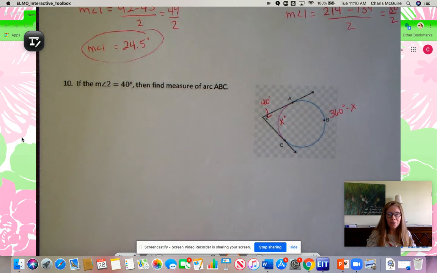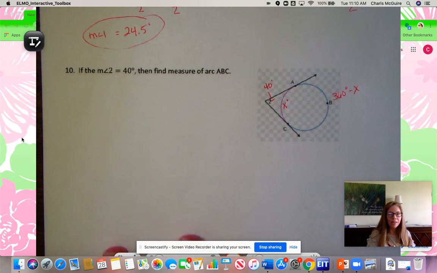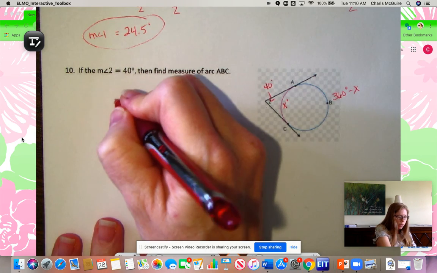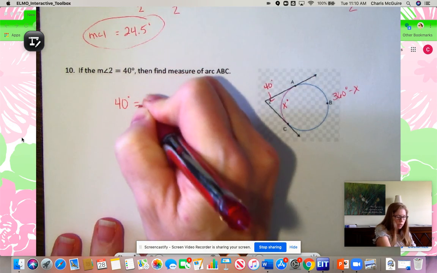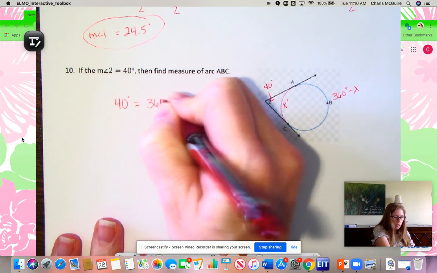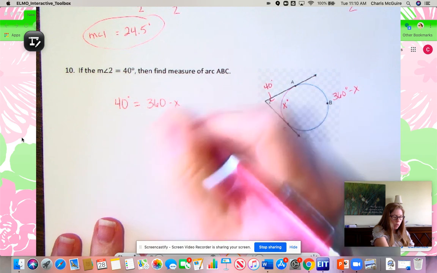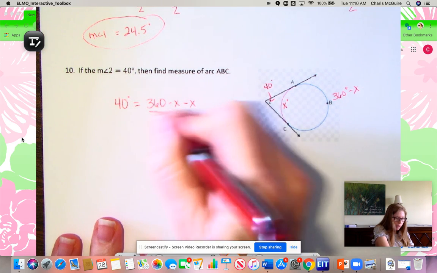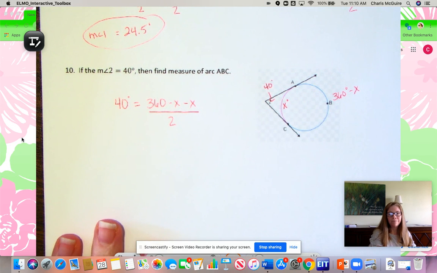Yep, good old algebra coming back into play to help us out. So to find the measure of the 40 degrees, angle 2, we're going to do the bigger arc, 360 degrees minus x, and subtract the smaller arc from it, and then divide by 2. Go ahead and take a moment, see if you can finish that up and get the correct answer.